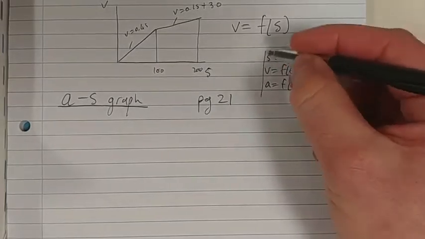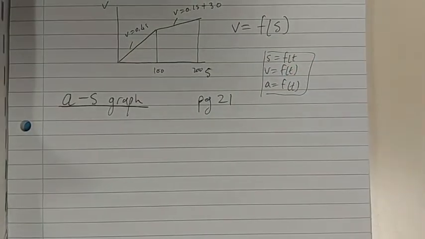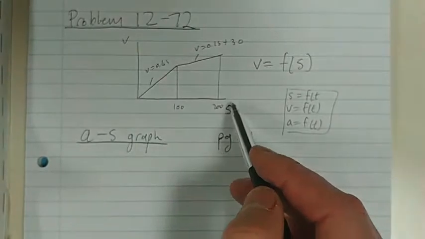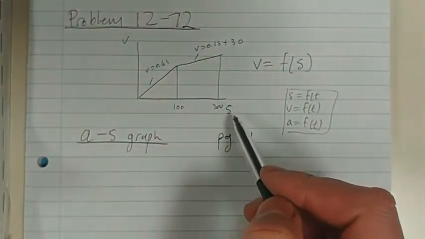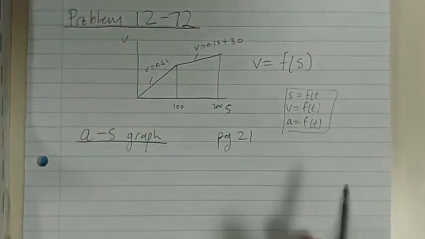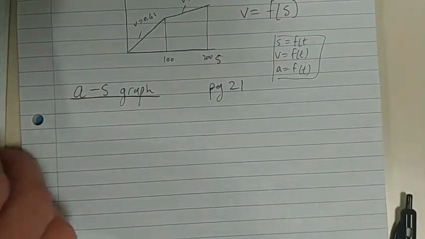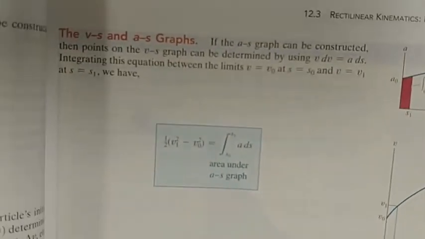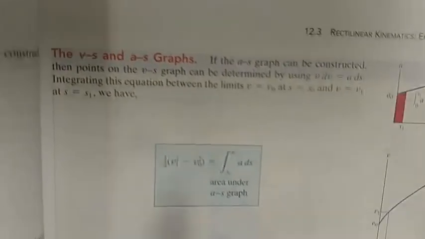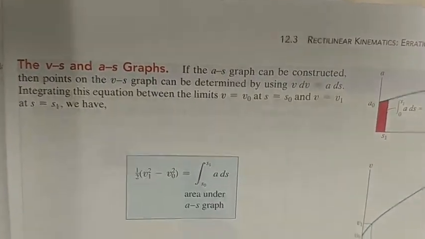So we're very used to working with the time graphs. But now we've got the V as a function of position graph, and we want A as a function of position, or the AS graph. Okay? So I just want you to take note of this and go and review it. This is page 21, the VS and AS graphs.